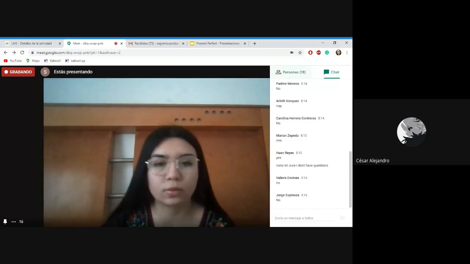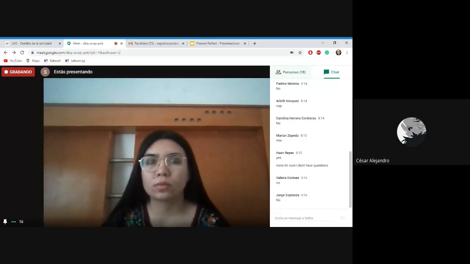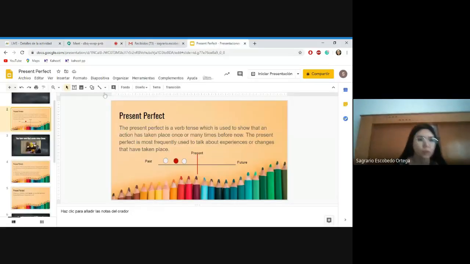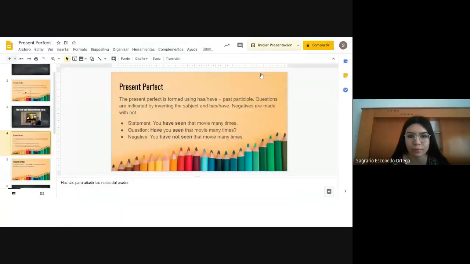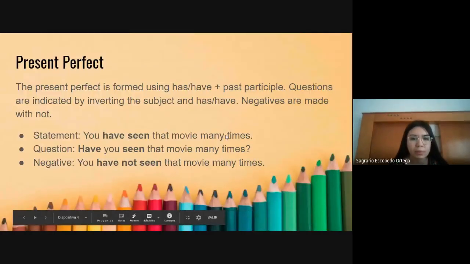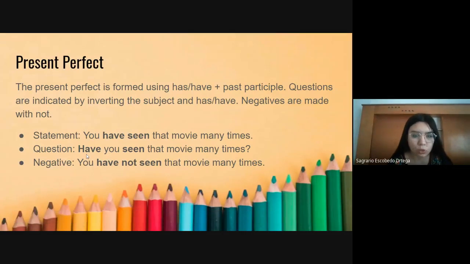Cuando es pregunta no se junta el verbo y el have o has, ¿no? Pero con el resto sí. Yes. You're going to invert. We have this statement here. You have seen that movie many times. Then you're going to invert it. Have you seen that movie many times?